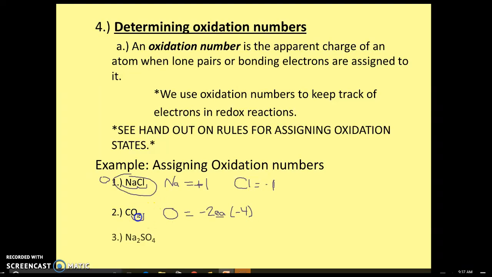So 2 times -2 gives us -4. That means carbon, if the overall molecule is going to be neutral and equal 0, must be +4. So you start with the ones you know based on the rules, and then you can figure out the ones you don't know.